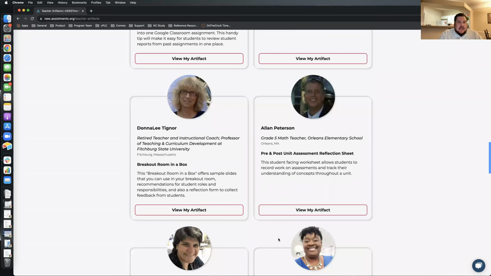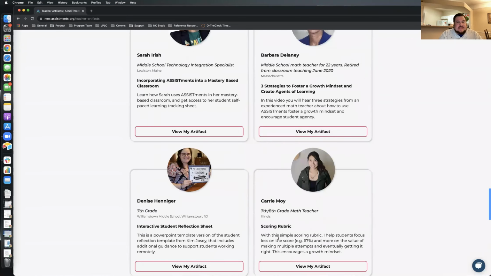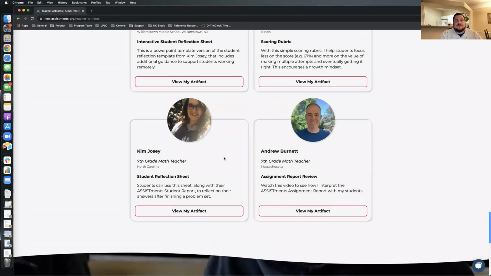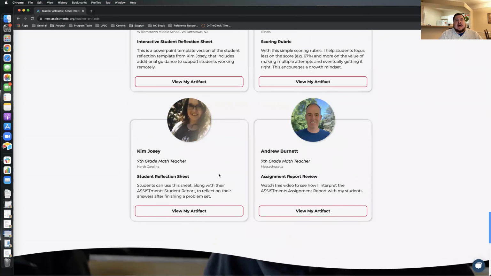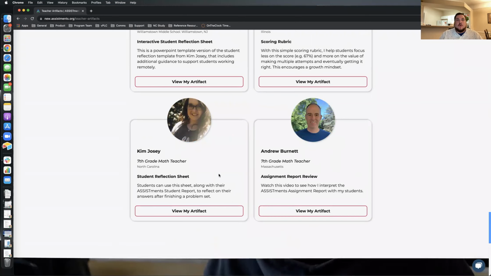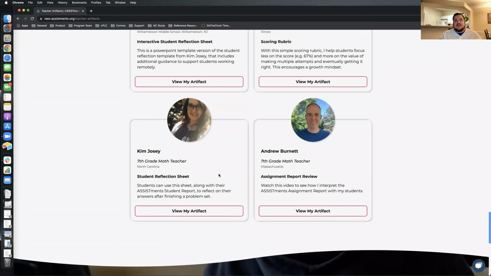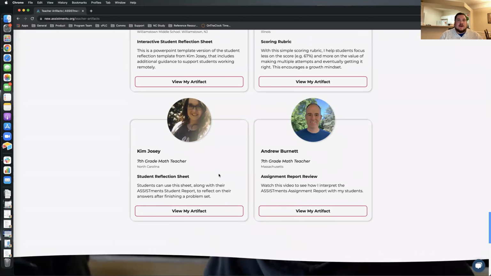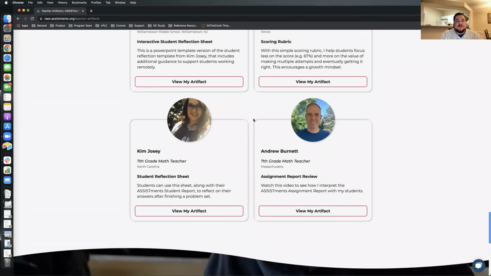In addition, we have a student reflection sheet created by Kim Josie, a 7th grade math teacher in North Carolina. This can help students think deeply about where they went wrong and how they could change their approach for the next problem, to really think about how they're doing their math.